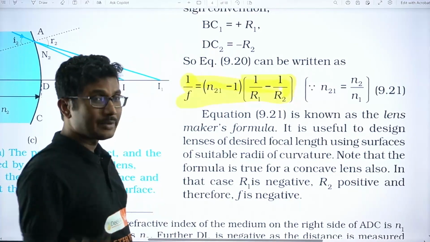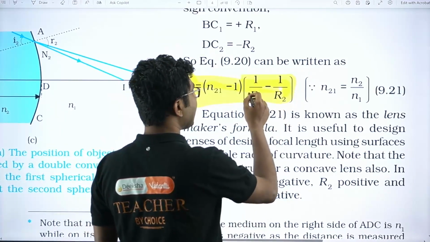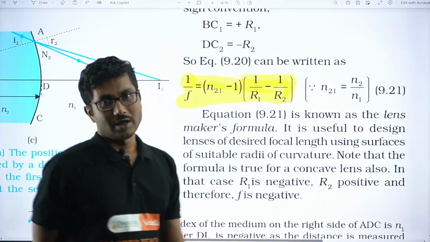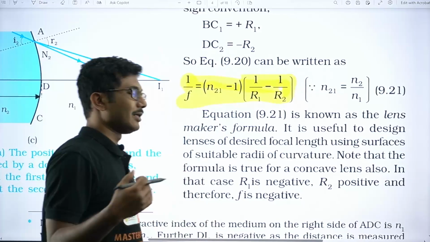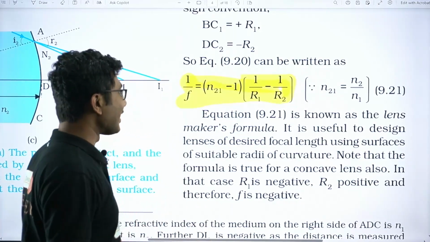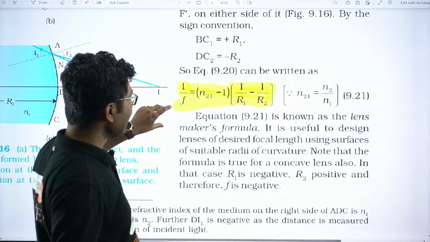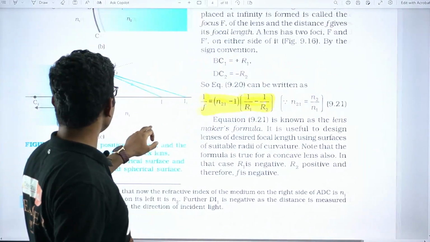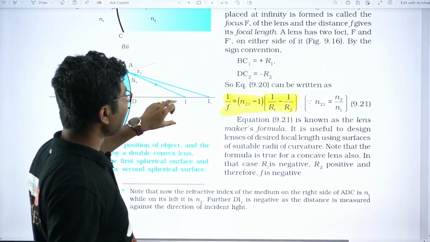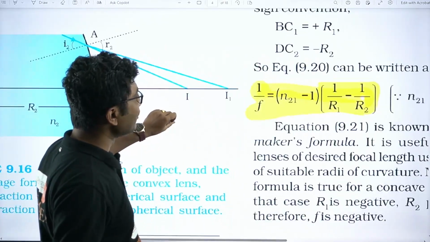In the case of a concave lens, this is positive, this is negative, so the total sign becomes negative, right? Concave lens, sorry, I am still in the hangover of mirrors. Anyway, this is the most common formula and the most commonly asked and used equation.